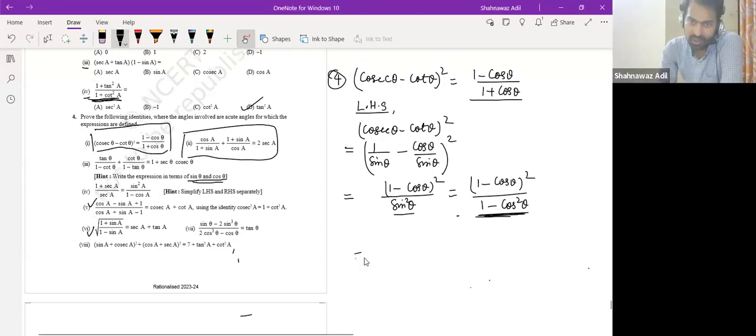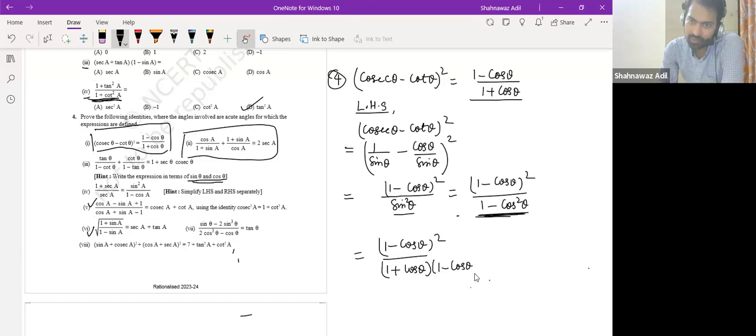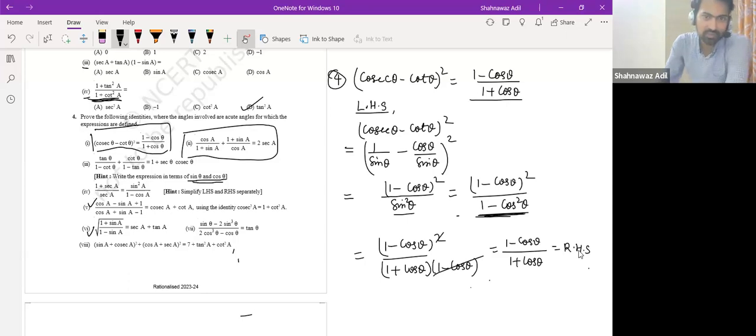So this is 1 minus cos theta whole square, and this is a square minus b square, so 1 plus cos theta and 1 minus cos theta. 1 minus cos theta is getting cancelled. So what do we have? 1 minus cos theta divided by 1 plus cos theta, and this is equal to RHS. Clear? Everyone clear?